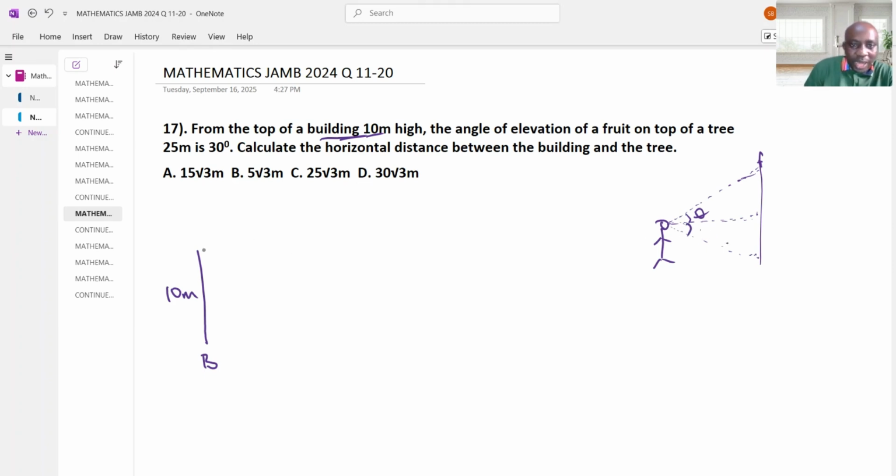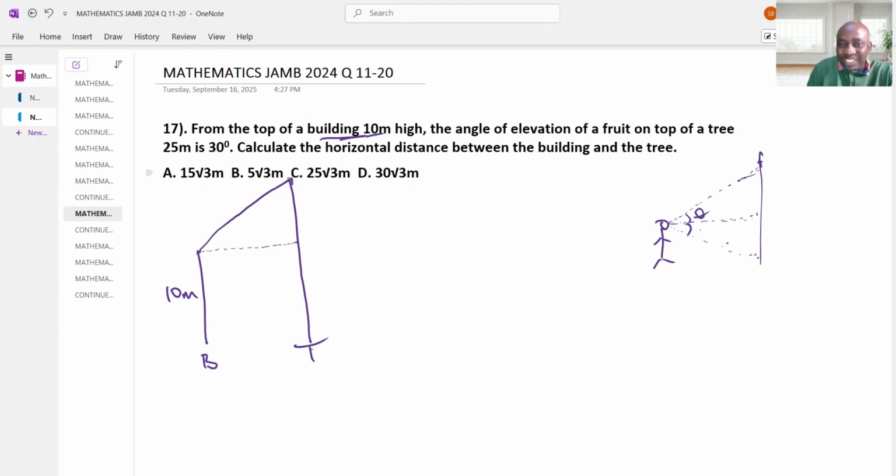For this one now, on top of a building there's a tree beside it and you are looking, you want to construct the angle of elevation. Let's say this is the tree. Now, we were told, let's say from here to here, this is the level of my eyes.